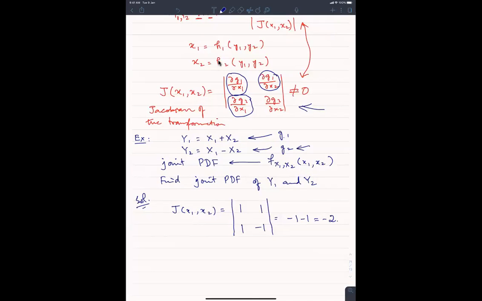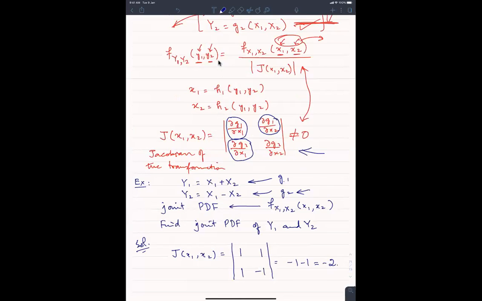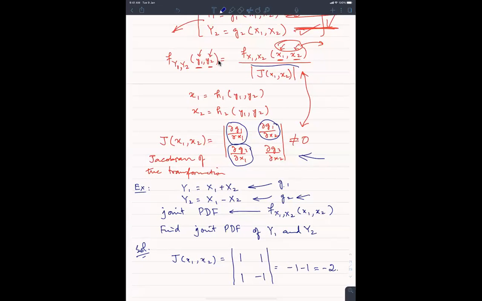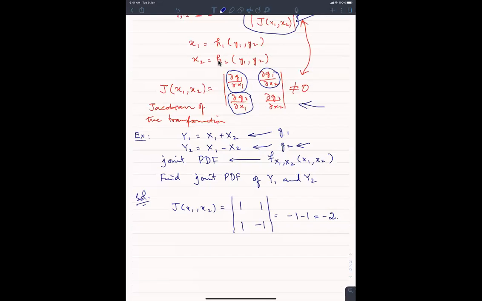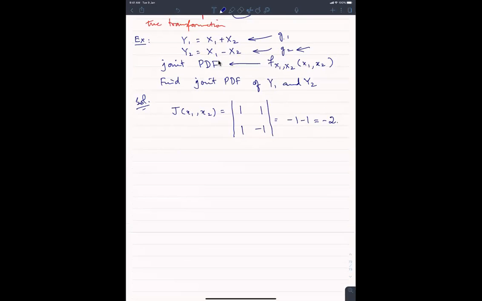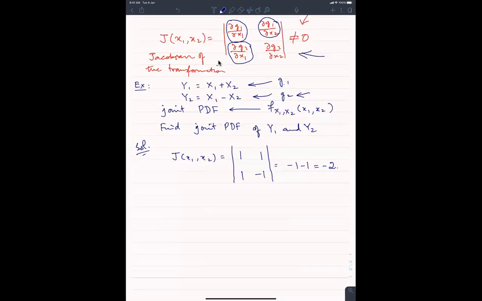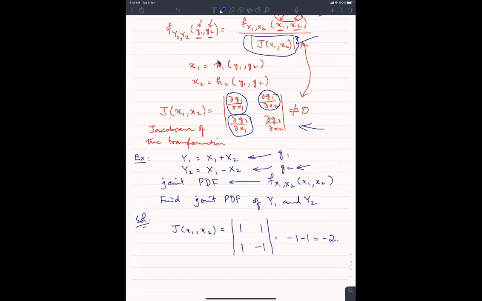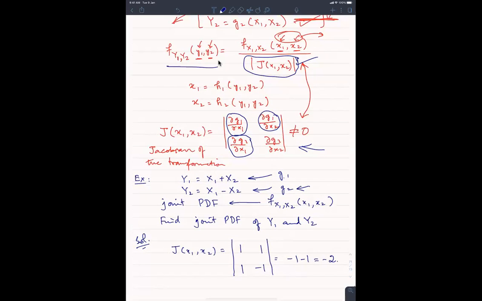Okay, and you notice in the denominator, we put the Jacobian as the absolute value. We write its absolute value. So this minus 2 will actually be written as 2. Now I want to write the joint probability density function of y1 and y2 in terms of f x1 x2.